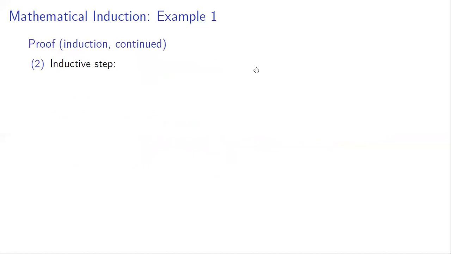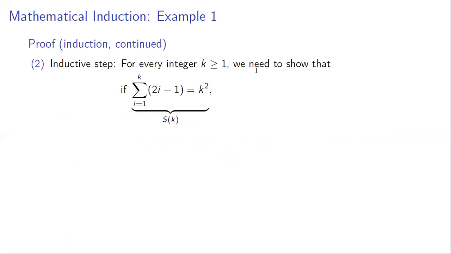So let's first write out clearly what we want to accomplish in this step. Again, we're still continuing the same proof. We're just now in the second part of the proof. So what we need to do is the following. We need to show that for every integer k that is greater than or equal to 1, if S(k), then S(k+1).